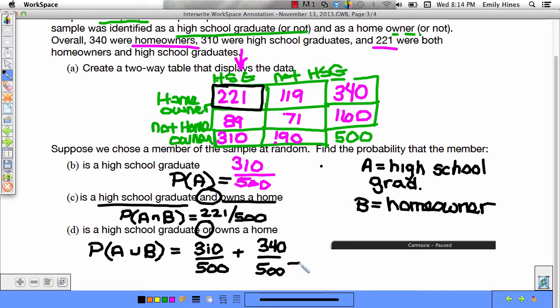And then I have to subtract the probability that they do both, that they are a high school graduate and they own a home. We already know that's 221 out of 500. So when I do the math, I get 429 out of 500. That's using a two-way table. It's very, very easy to do as long as you make your table correctly.